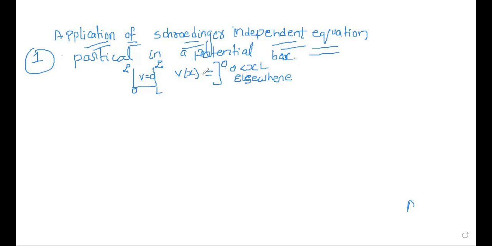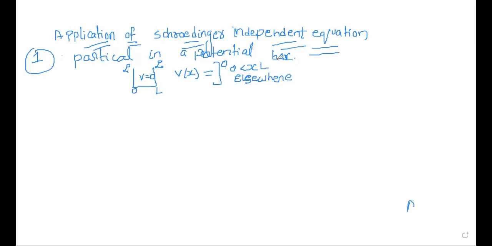The potential of the particle is equal to 0 when x lies between 0 and L, and it may be infinity elsewhere. This is the condition we need to understand for this application.